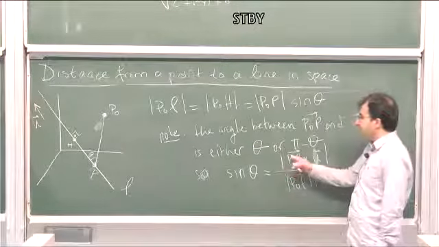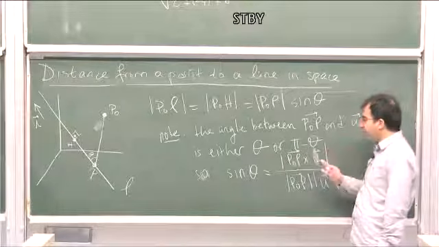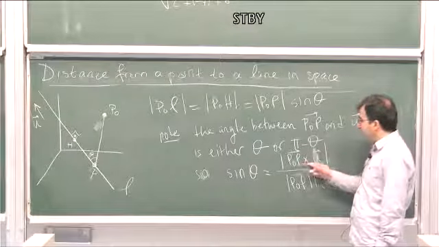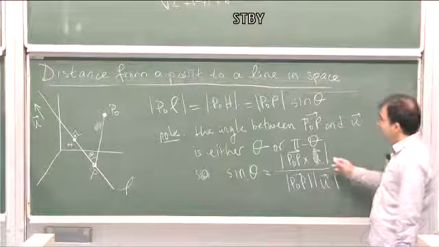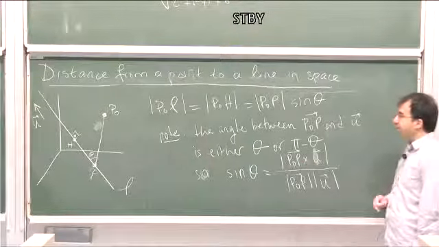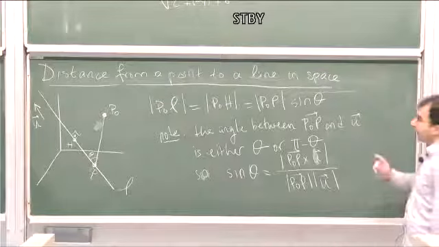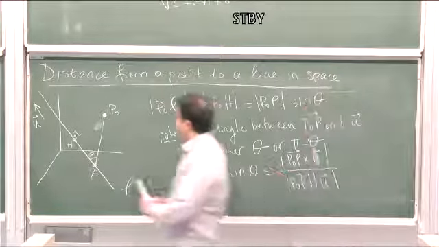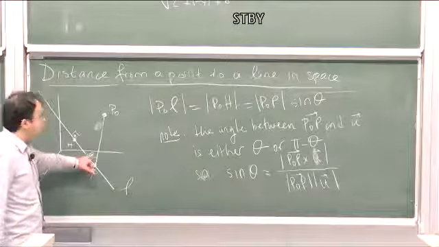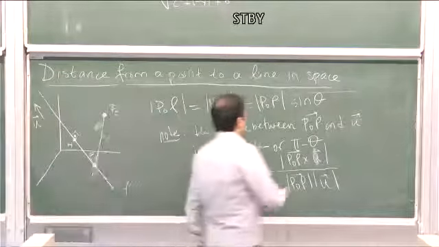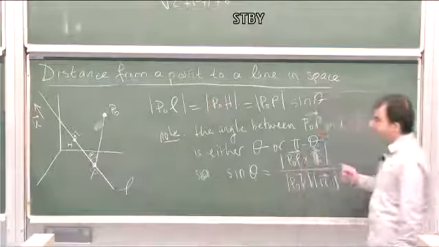This sine theta will be positive, and it is the length of this cross product. This formula is very, very important. If I consider sine theta, I can find it because of this cross product formula.